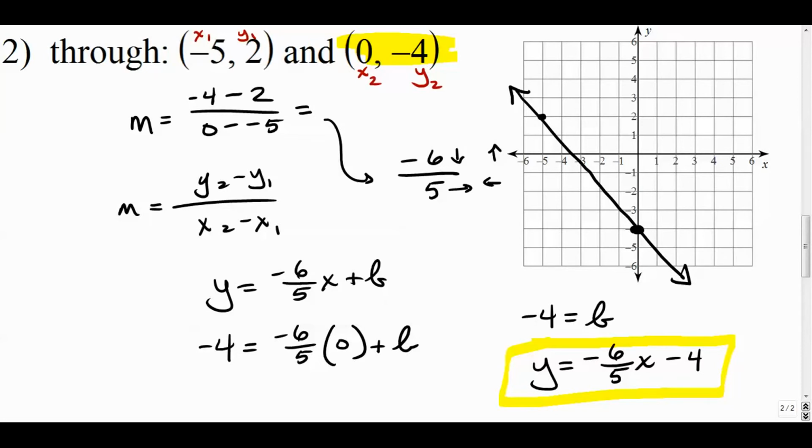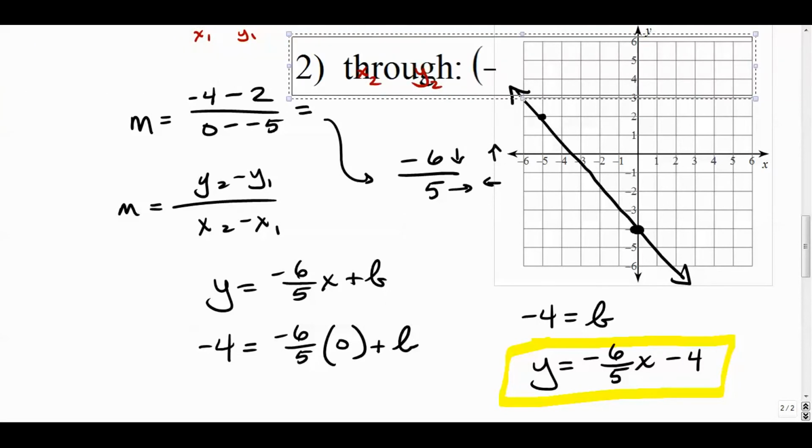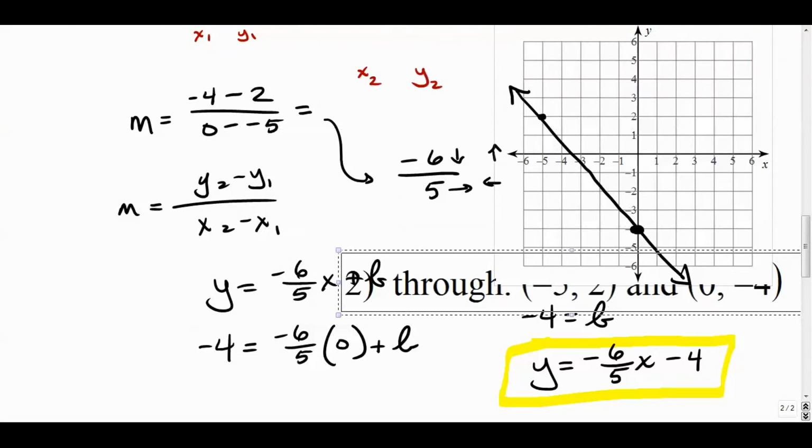Let's go to our graphing calculators again, and we'll see if negative 5 comma 2 and 0 comma negative 4 appear.